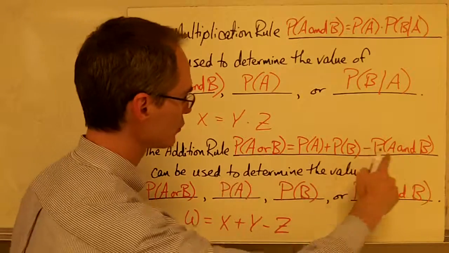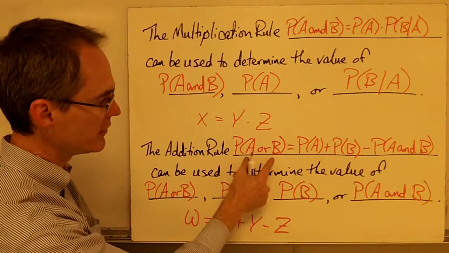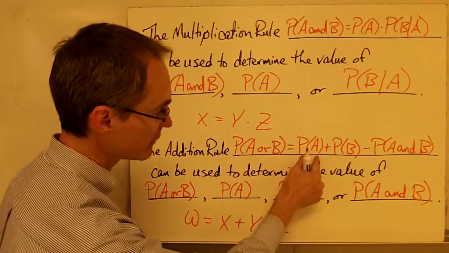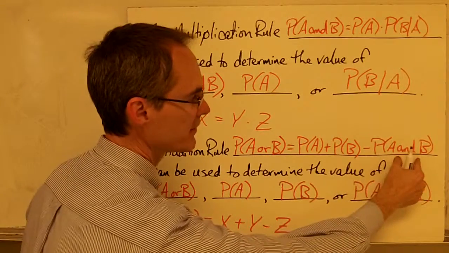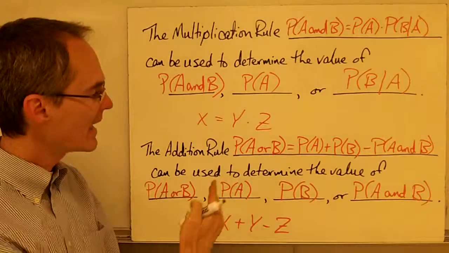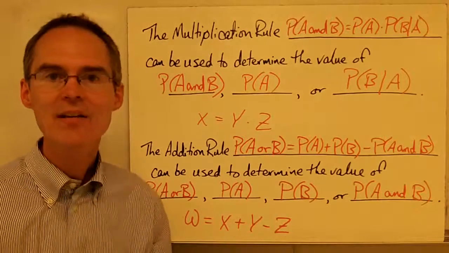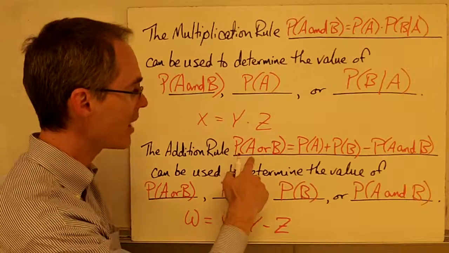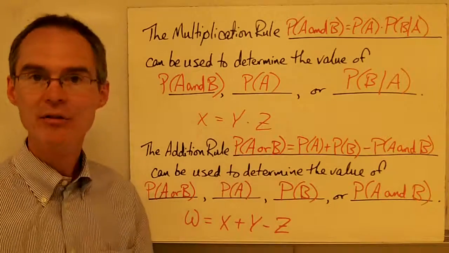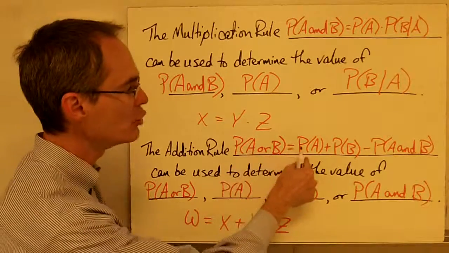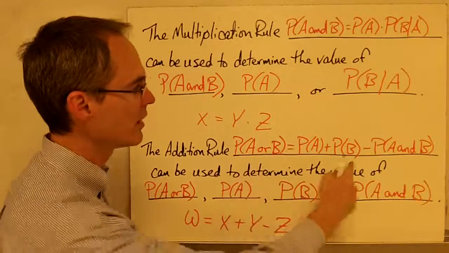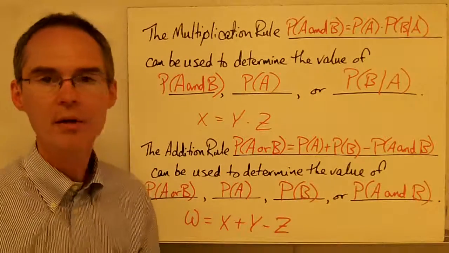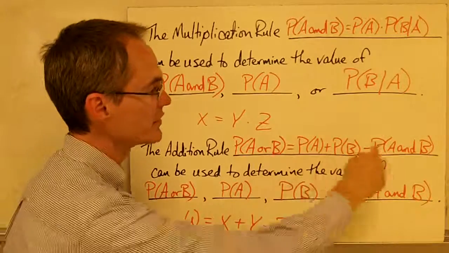If I know my addition rule, and I know the value of three of these quantities, I could plug all those in and I could find the value of the remaining quantity. And notice that I can do that even if I don't know anything about what event A and event B actually are. If all I have is numerical values for these, I can still come up with a numerical value for any one of the missing pieces of this formula.